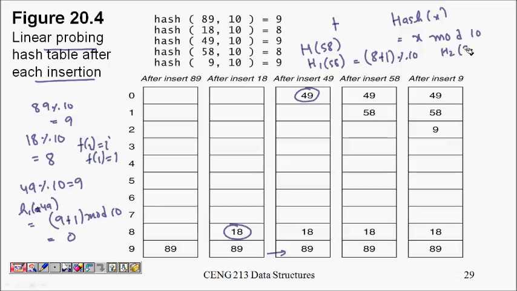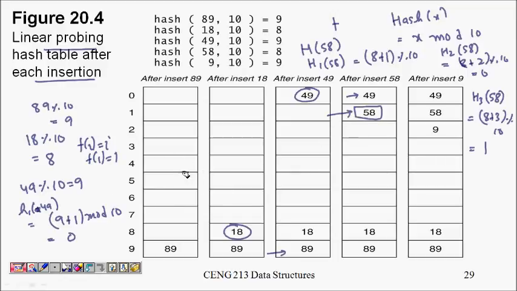It will try h2 of 58, which is 8 plus f of 2, that is 2, 10 modulo 10, 0. Again it finds a collision here also. So these two collisions it finds. So h3 for 58 is 8 plus 3 modulo 10, so it becomes 11 modulo 10, which is 1. So now 58 comes to this place.